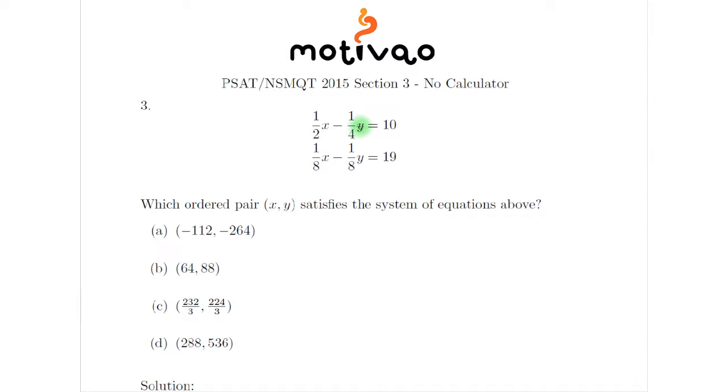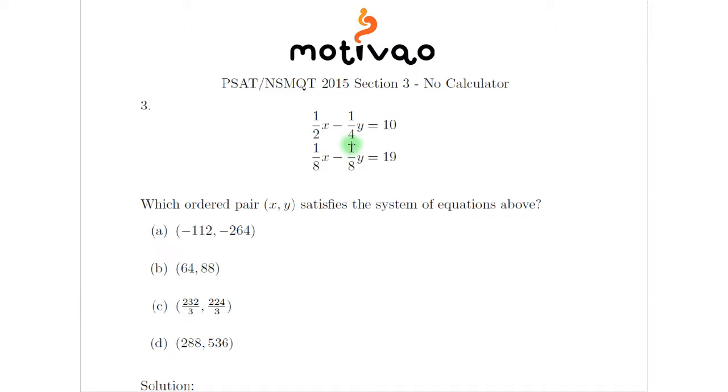Now, in order to cancel my y, by canceling, I mean that when I add them together, it gives me 0. So I have negative 1/4 in the first equation and negative 1/8 in the second. What do I have to multiply negative 1/4 by and then add to negative 1/8 to get 0?